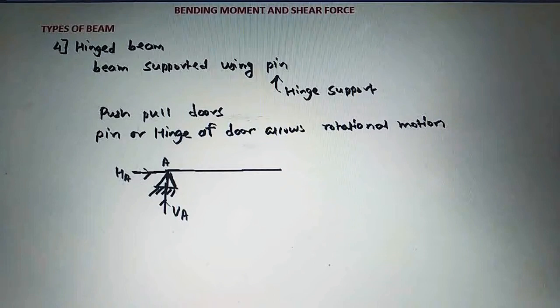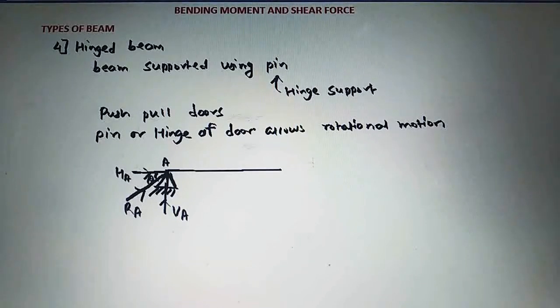So as there is a horizontal and vertical reaction offered by this hinge support, the resultant reaction will be inclined here, and we are taking this as RA, and this resultant reaction makes an angle theta with respect to this horizontal reaction HA.